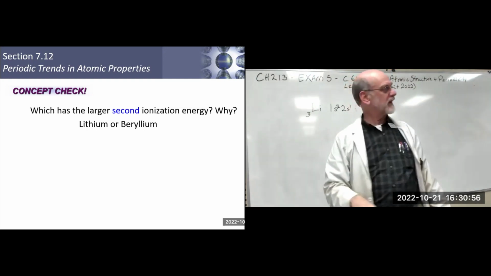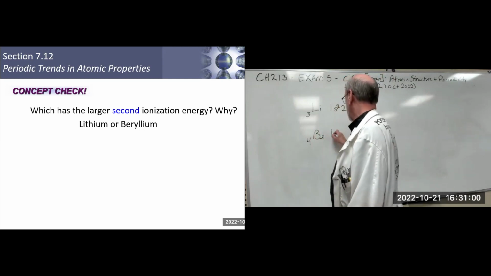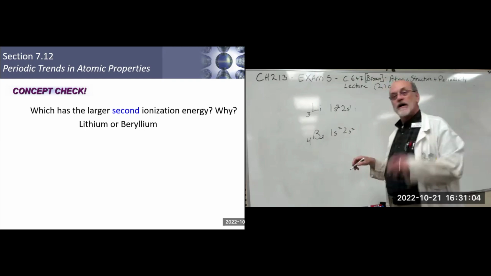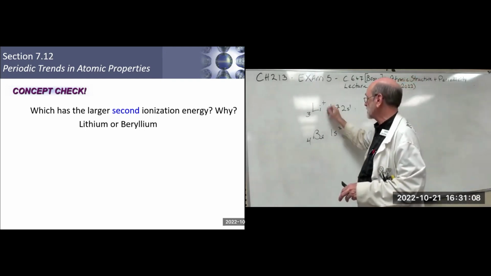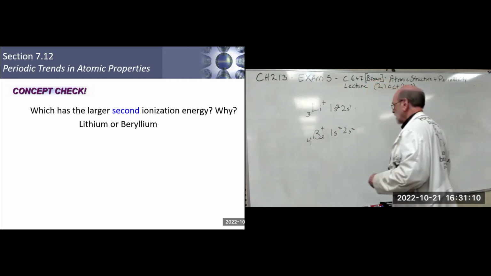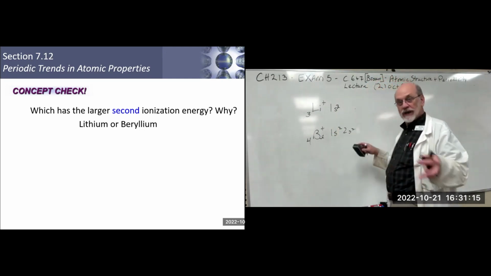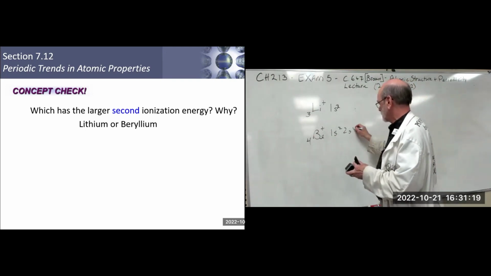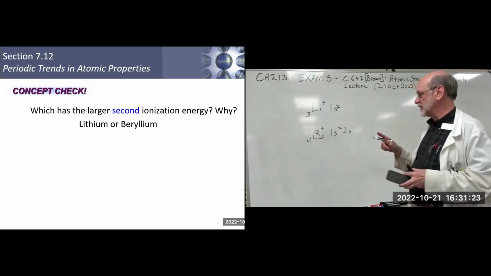And beryllium, we did beryllium just a second ago, 1s2, 2s2. First ionization energy would do what? Well, it would put a positive charge here and a positive charge there, and it would make this one go away. There are no electrons in that orbital anymore, but there's still one in this one. That's first ionization energy.